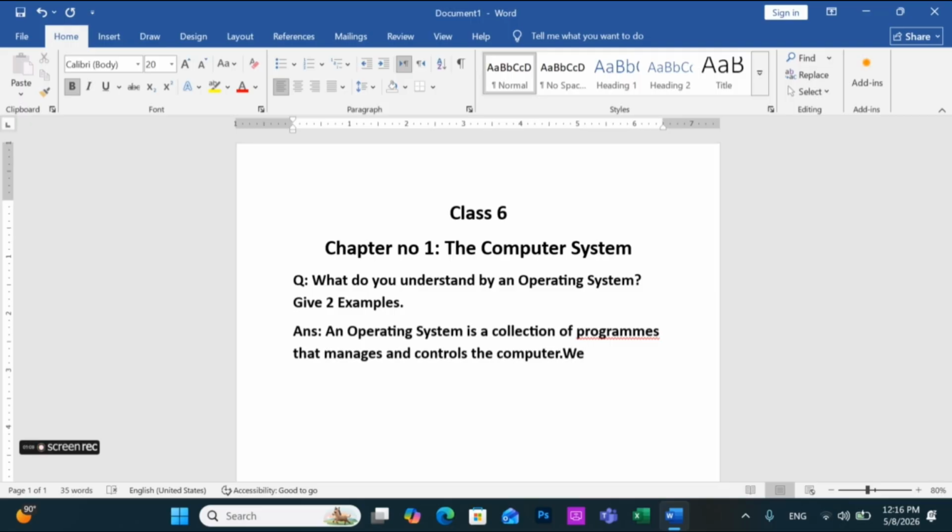Then you have to write, we can also call it a supervisor of all other parts of other software in a computer.